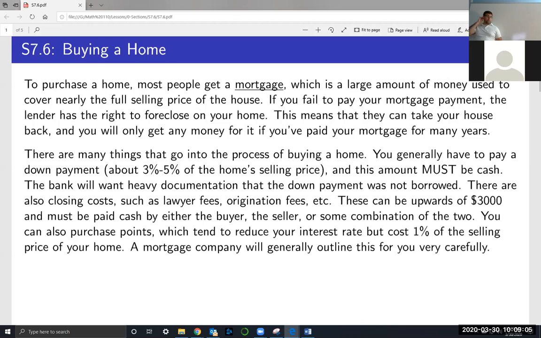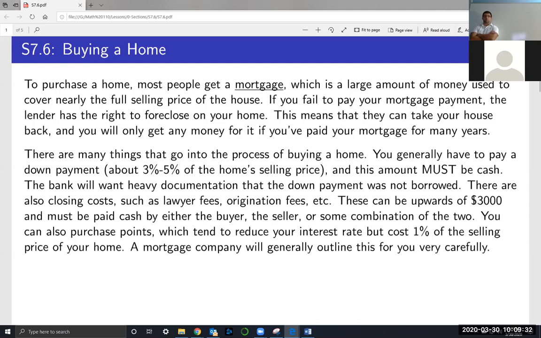Generally you have to pay a down payment of 3 to 5% of the home's selling price. They prefer 10 to 20%. I think we paid on my house like 15% down. The amount that you pay down must be cash.